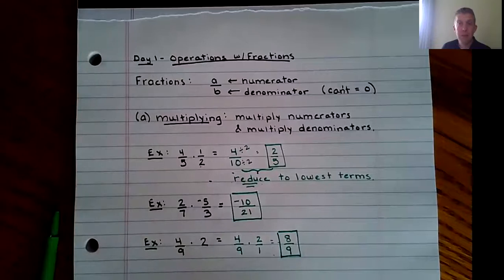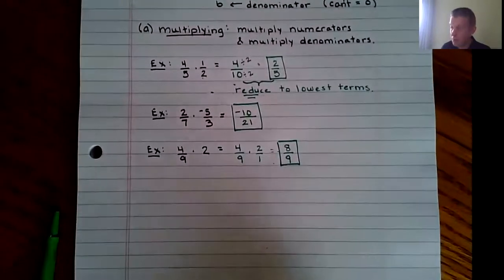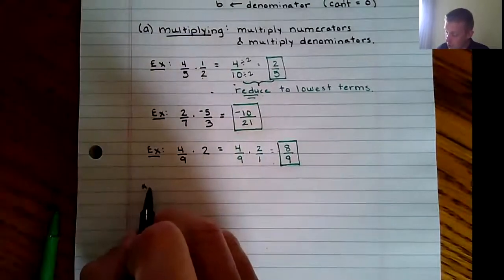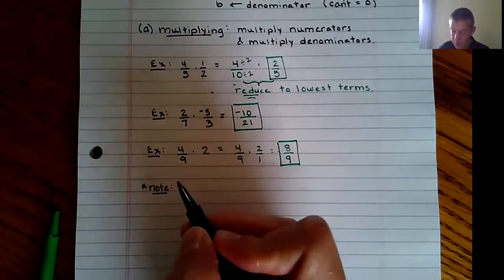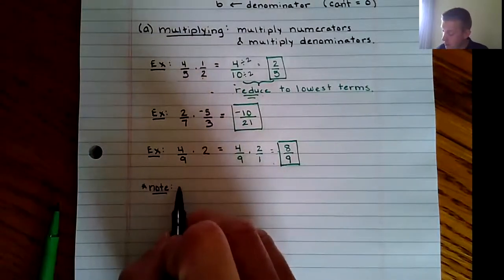Now, some of you might have remembered another way to simplify. So I'm just going to write, before we move on to division, note. You can also simplify before you multiply.